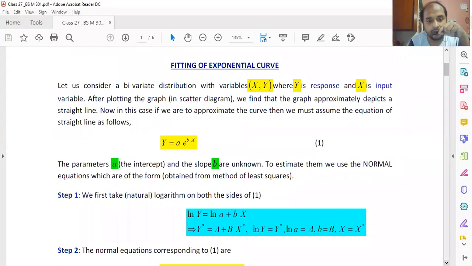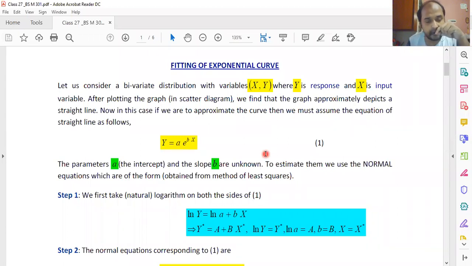But here no plus sign is available. Here the product is available, the product of the exponent with the constant. So directly you cannot set the normal equations to the given equation 1. You have to bring it to the form of something plus something first, and then only you can set the normal equations accordingly.